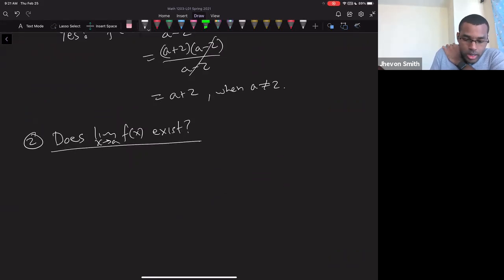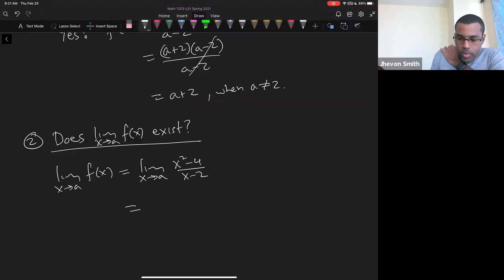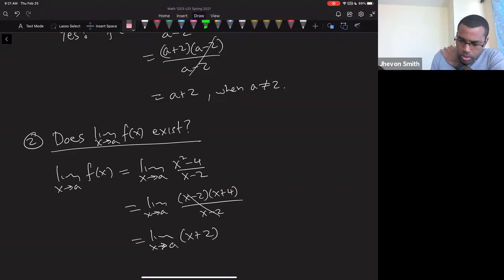And we can check the limit as x approaches A of f of x. That's just the limit as x approaches A of x squared minus 4 over x minus 2. This is just the limit as x approaches A of, well, that should be a 2.